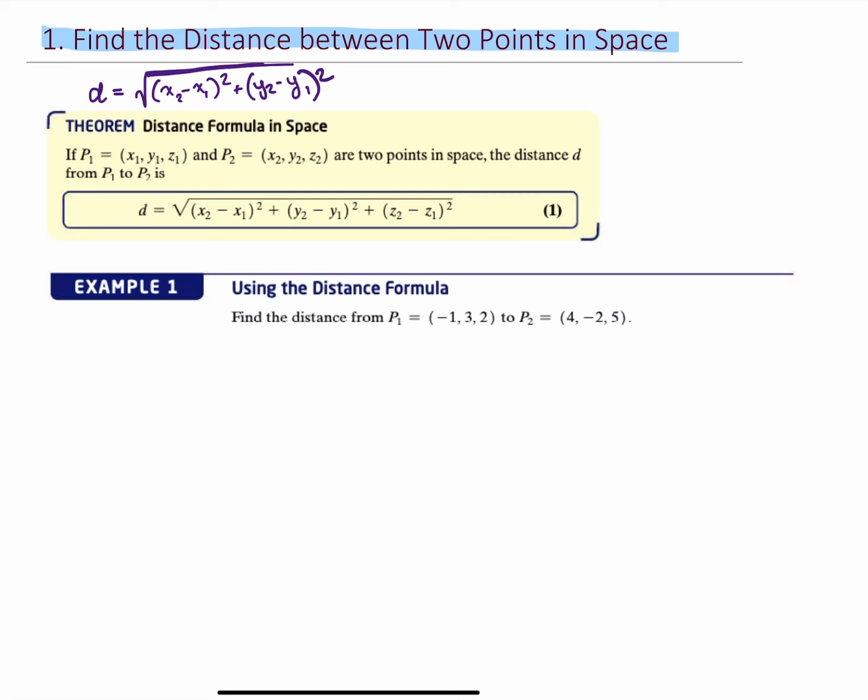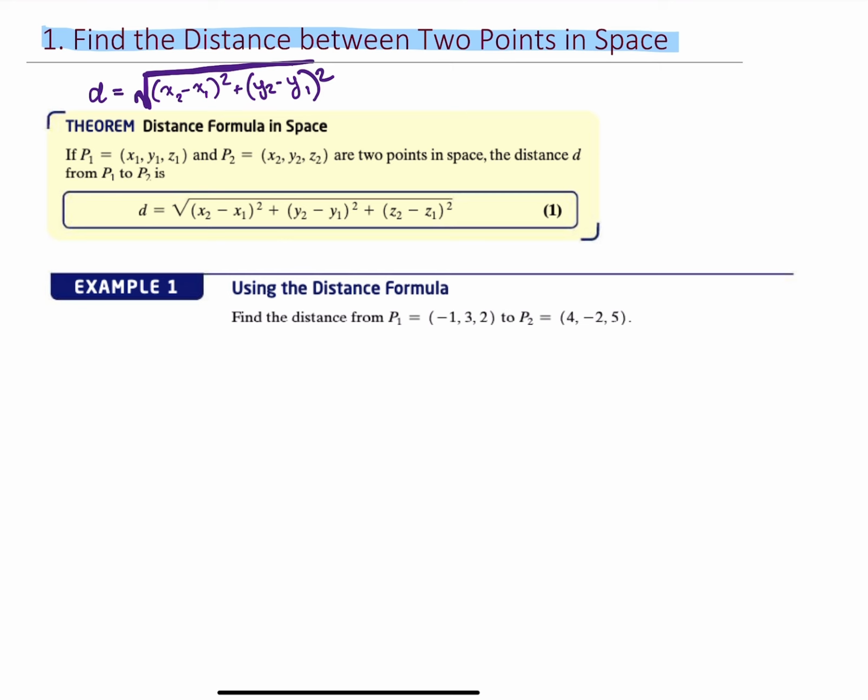It's actually just another expression of the Pythagorean theorem. So if we're in the third direction, if point 1 is x1, y1, z1, and point 2 is x2, y2, z2, the distance formula looks pretty much the same. We just have this term for our z coordinates. So x2 minus x1 squared plus y2 minus y1 squared plus z2 minus z1 squared. And that's all under a big square root.